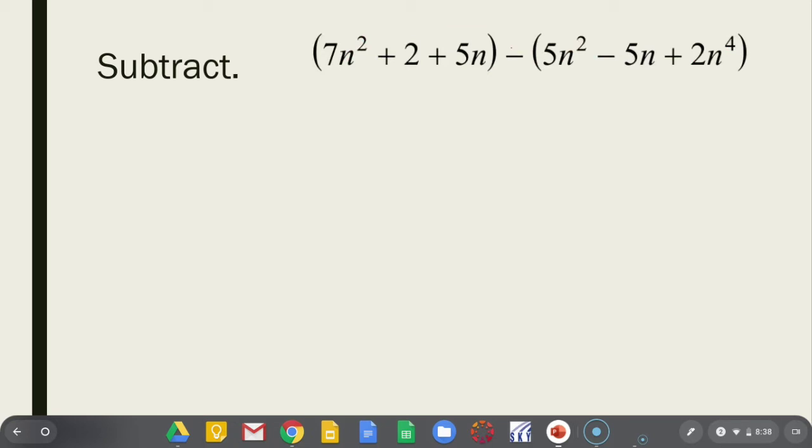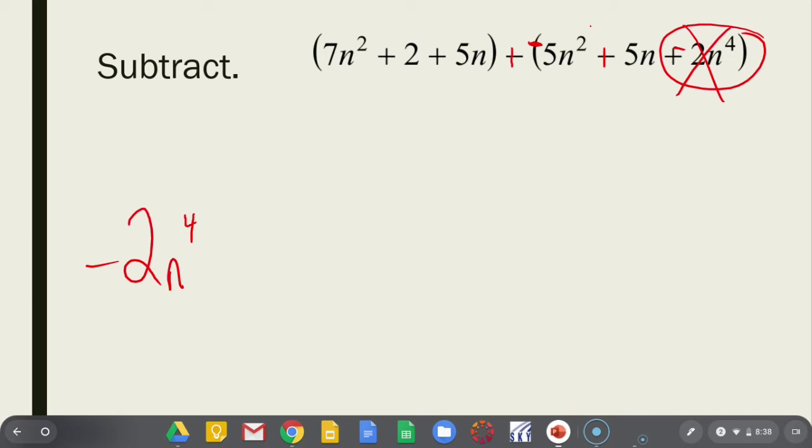All right, got a little bit bigger polynomials. Process is the same. Opposite. Taking the opposite of all terms in the second polynomial, because the second polynomial had a subtraction sign. So we're going to start with that highest exponent. It's the only one of its kind, negative 2n to the fourth power.